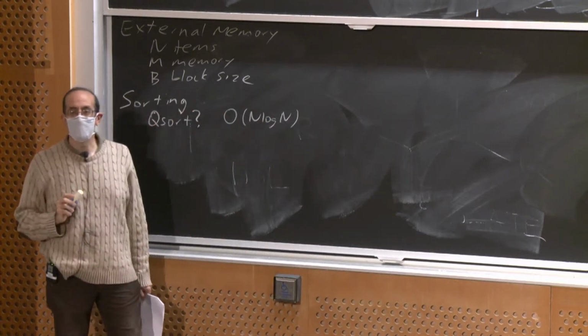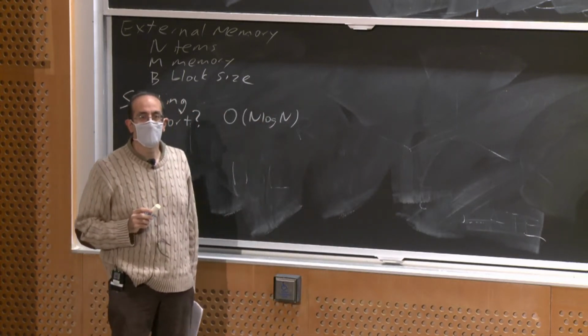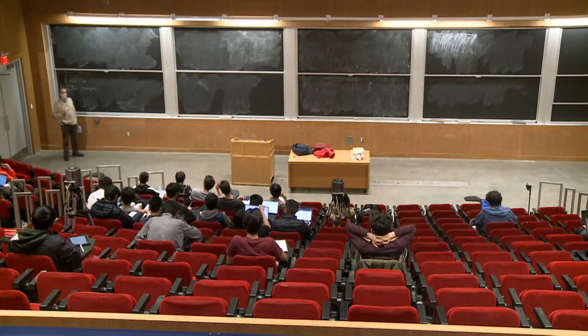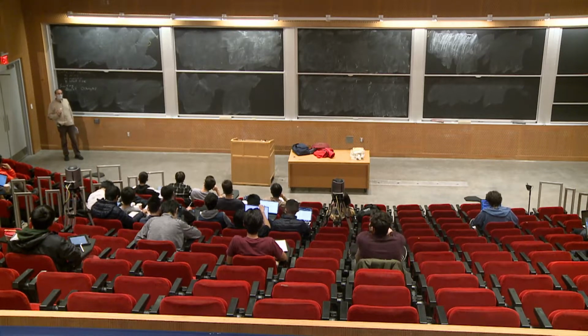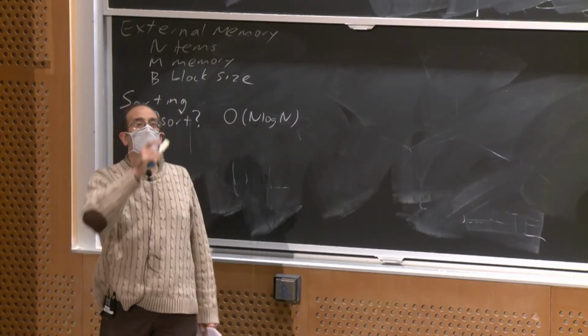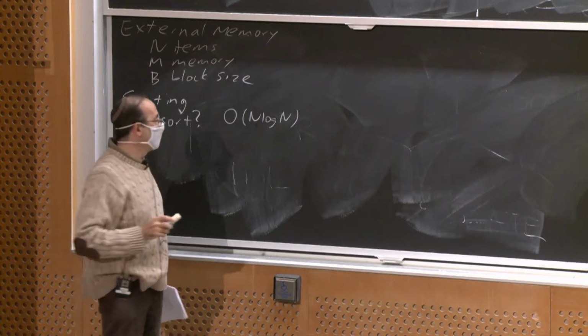How many blocks are we going to read as we're performing this quicksort? Are we going to read n blocks? Yeah? N over b log n over b?